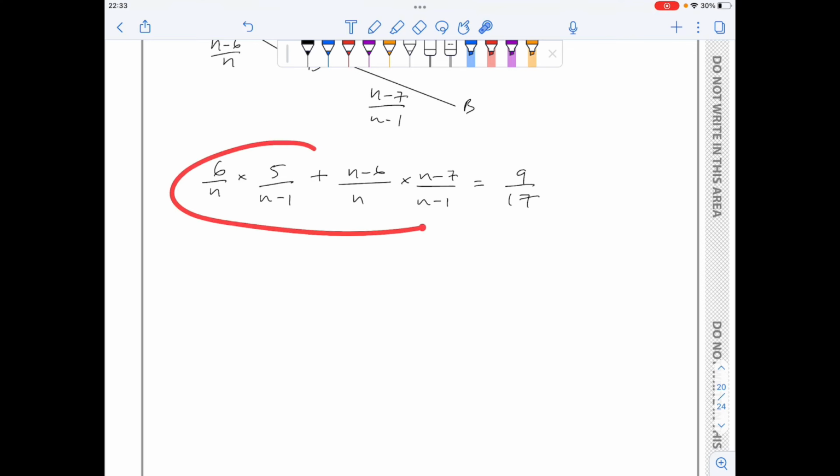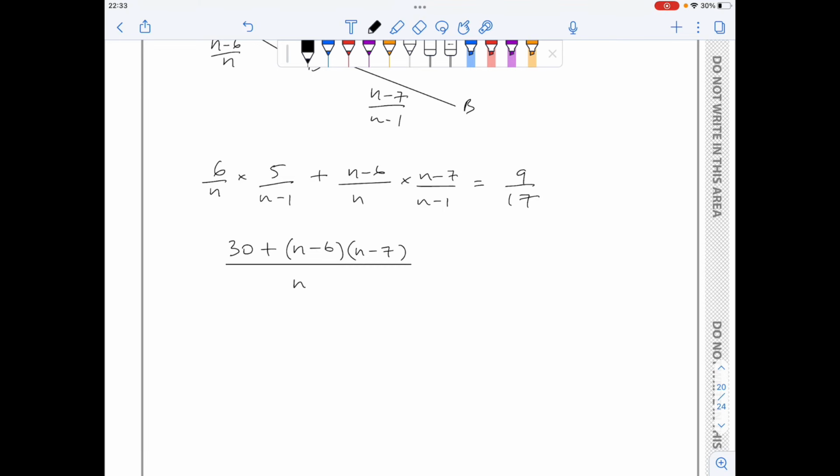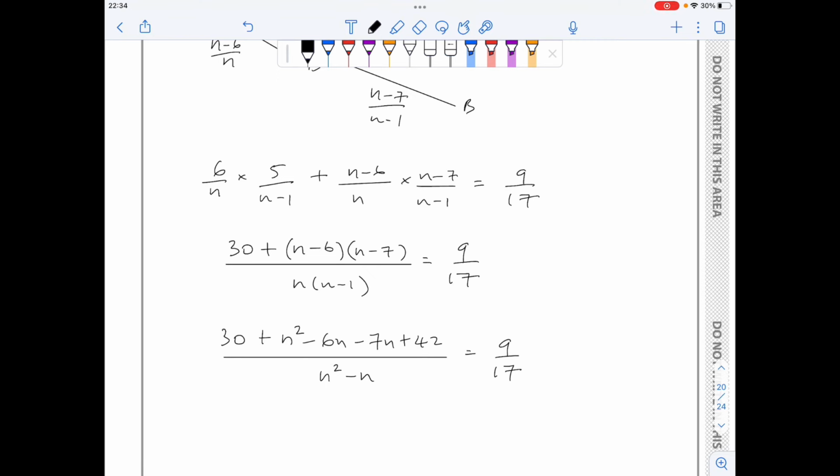Now let's simplify the left-hand side. 30 plus n minus 6 times n minus 7 over n minus 1 is equal to 9 over 17. Let's expand the numerator. 30 plus n squared minus 6n minus 7n plus 42 over, and let's expand the denominator as well, n squared minus n equals 9 over 17.